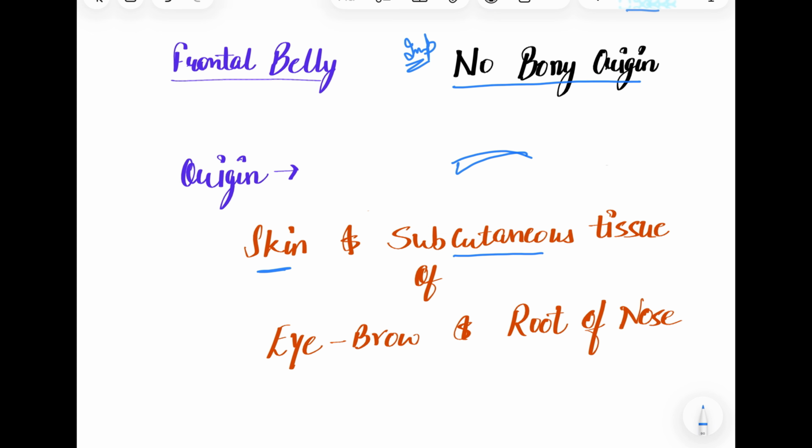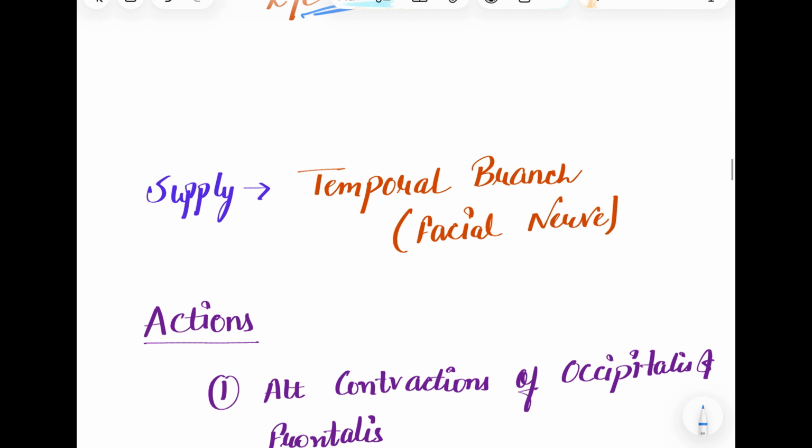If I say this is my eyebrows and this is my root of the nose, it is coming from this region, right? So it's taking origin from the skin of the eyebrows and the root of the nose, and the supply is the temporal branch of your facial nerve. So it is also again going to be the motor branch, as it is supplying your muscle belly, right?